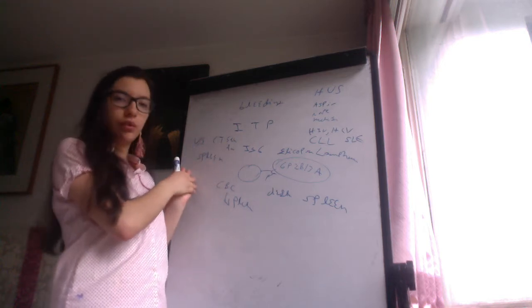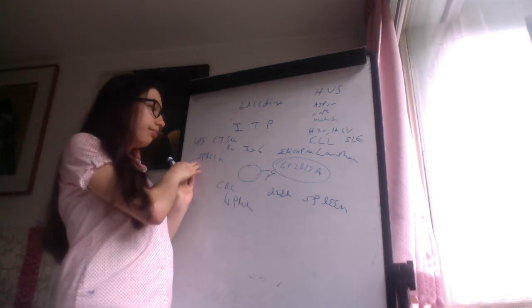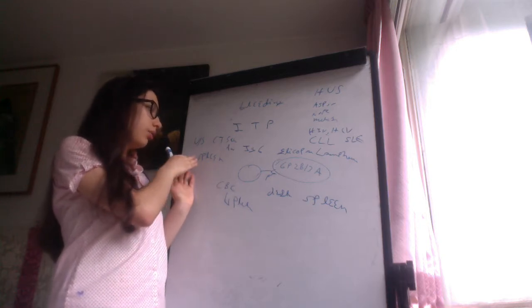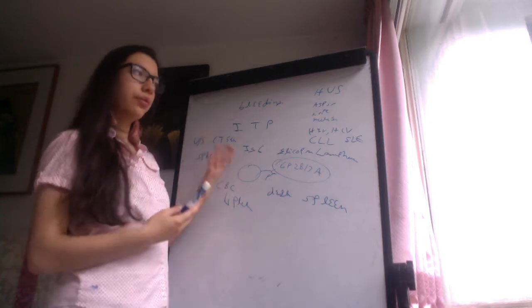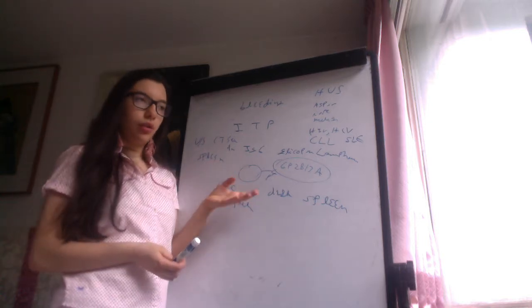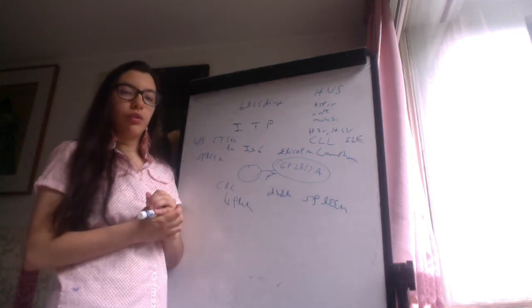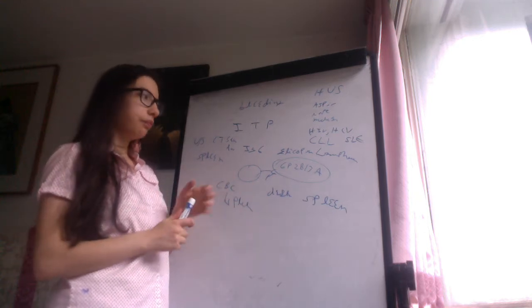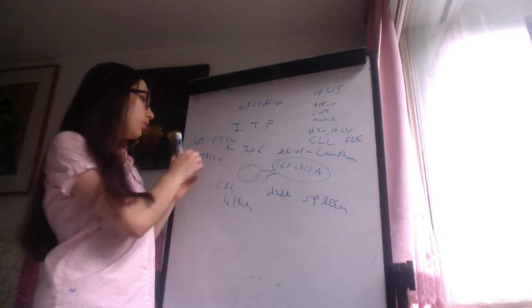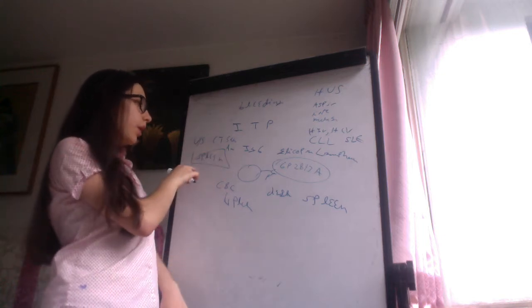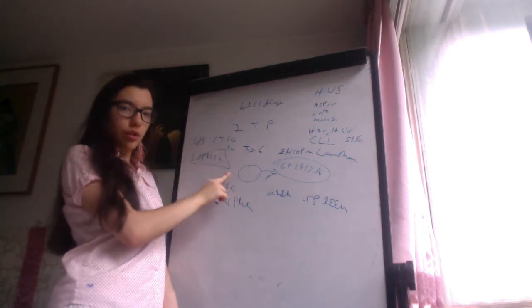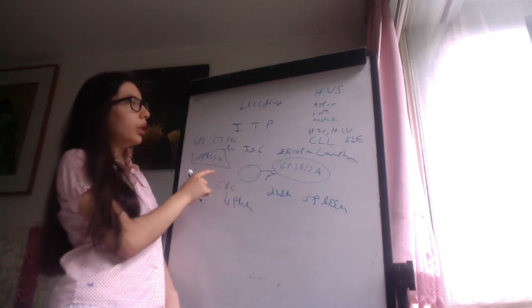So we need to exclude this with the CT scan or the ultrasound of the abdomen, and also from the history, that there would be none of the pentad that we will talk about in the next video for thrombotic thrombocytopenic purpura. So it is very important to look that there is no enlargement of the spleen.